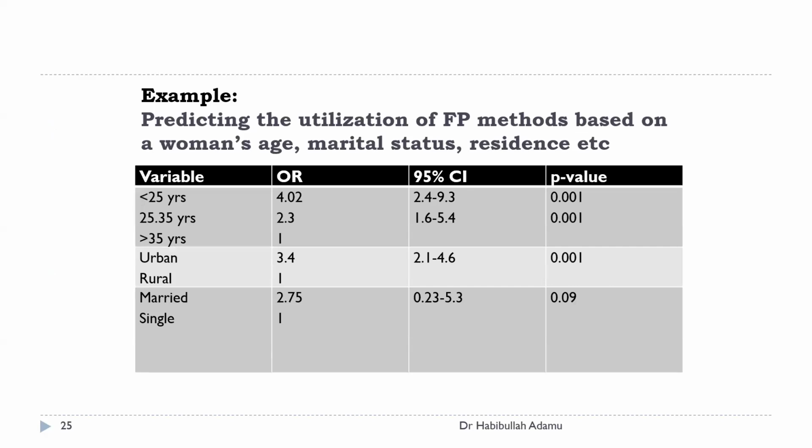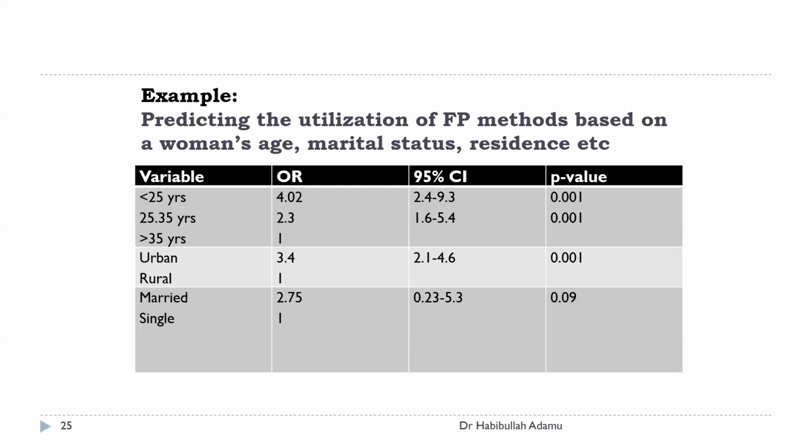When you run the analysis, it will give results. We have seen for the chi-square test how to interpret it. We said the most important thing is to look at the p-value. Is that p-value significant or not? Is it less than 0.05 or not? This table is for a research that tried to look at the predictors of utilization of family planning.